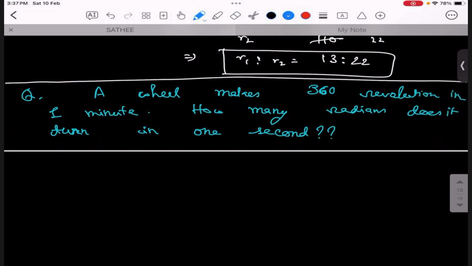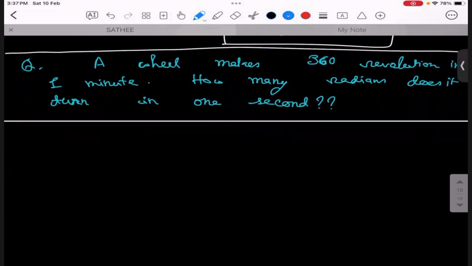So clearly see that in 1 minute there are 60 seconds. In 60 seconds the complete number of revolutions is 360, so in 1 second the number of revolutions will be 6.